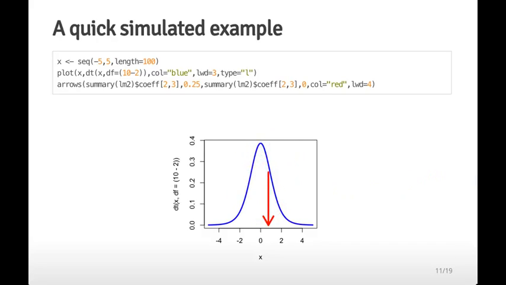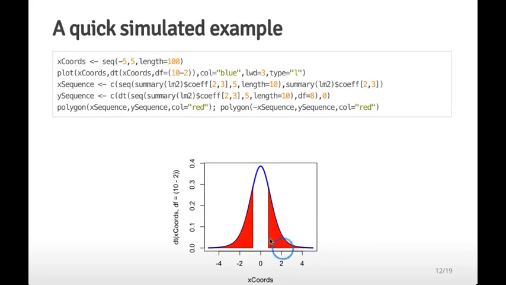The way that we calculate unlikely or extreme is we take that statistic and look at how much probability density is over here to the right. So we basically look at the area under the curve to the right. Now, extreme could be in either direction. It could be positive or it could be negative.